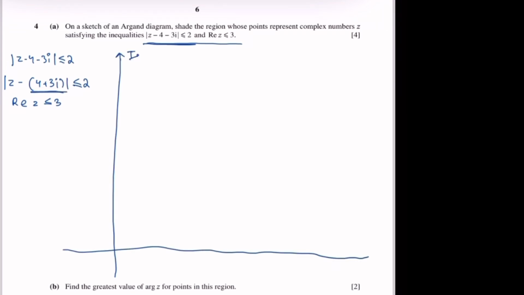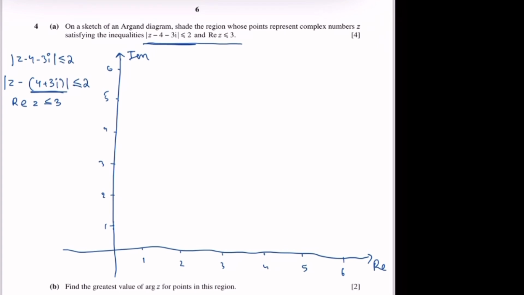So if we look from here, we see that 4 plus 3i and then there's 3. So this will be our imaginary axis. This will be our real axis. 1, 2, 3, 4, 5, 6. And then we have 1, 2, 3, 4, 5, and 6.